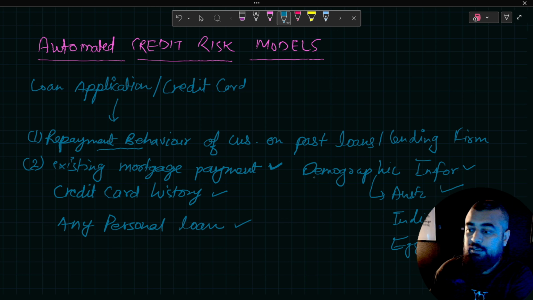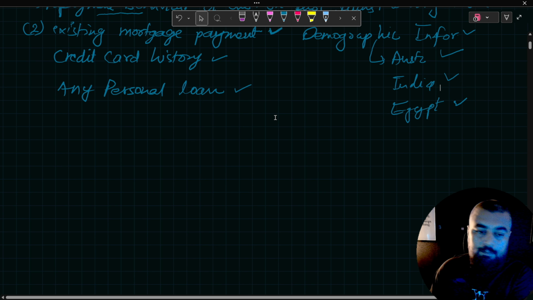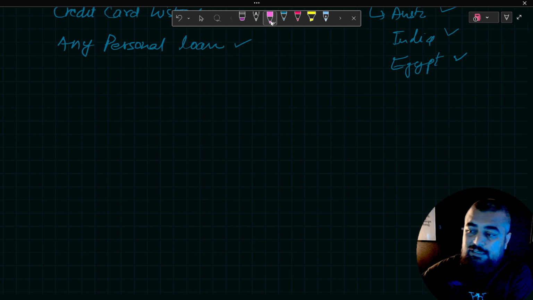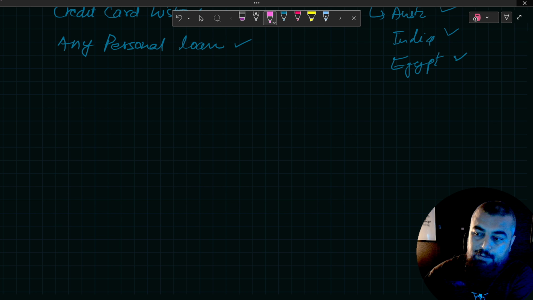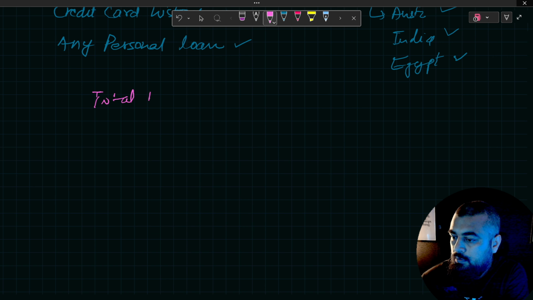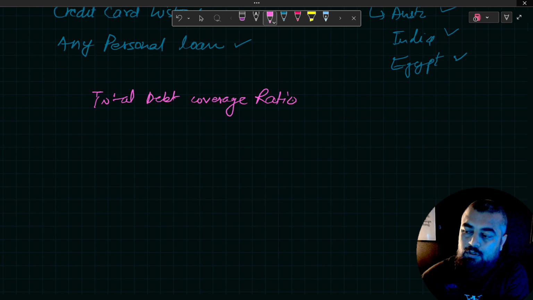So these are the steps which are performed in your bank. This is something you will never get to know, that the bank is doing all this. After checking all this, there are some basic checks the bank will be doing in the form of calculations. The bank will check the total debt coverage ratio. What is this?